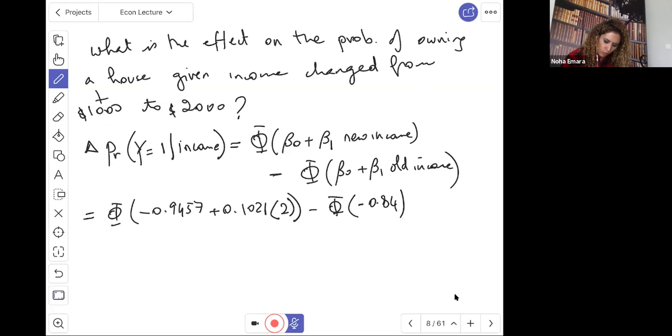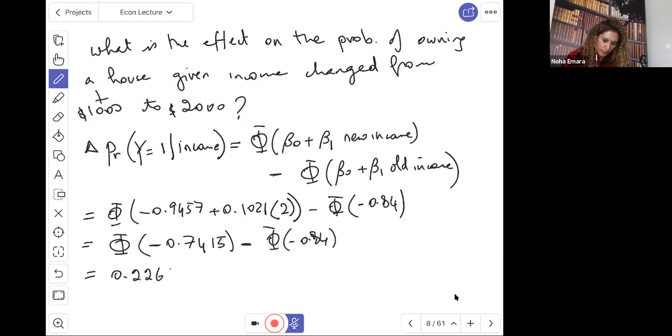Okay, so you need to look at the table again for negative 0.7415, minus, we already found this value from the table, 84. And if you check the table, you will find that this one is equal to 0.2266.